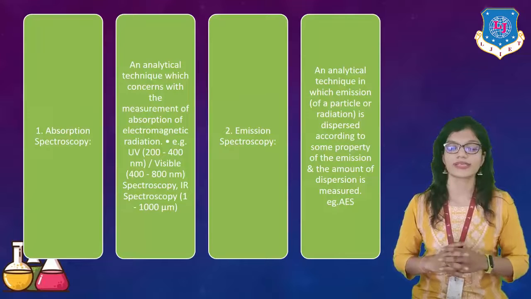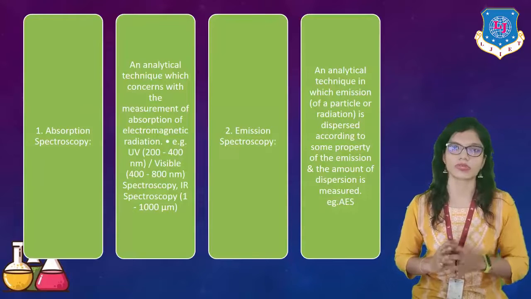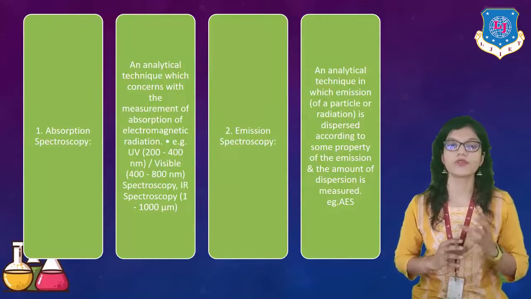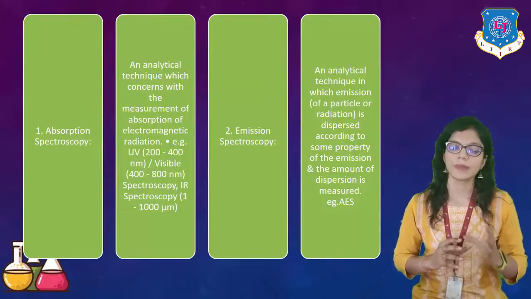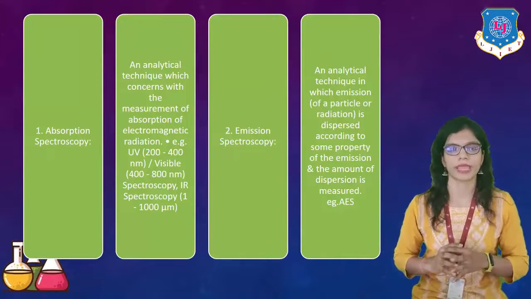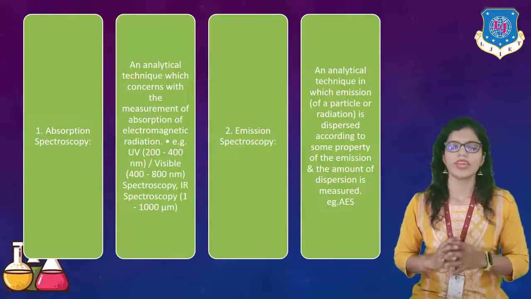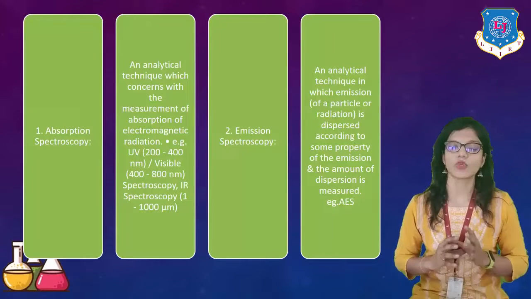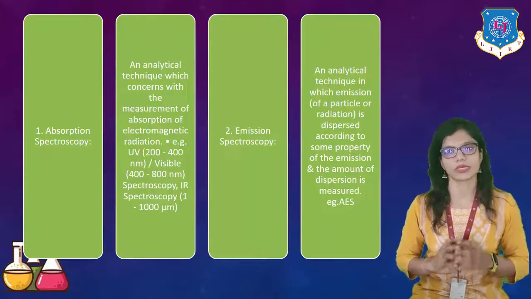Now, for an example, the UV, that is ultraviolet range, will go from 200 to 400 nanometers. Then we have the visible region, which ranges from 400 to 800 nanometers. Depending upon that, it is known as UV-visible spectroscopy. And we have IR. IR ranges from 1 to 1000 micrometers.